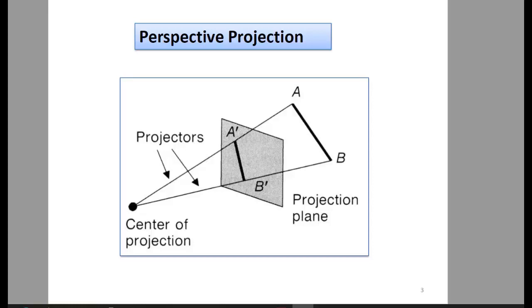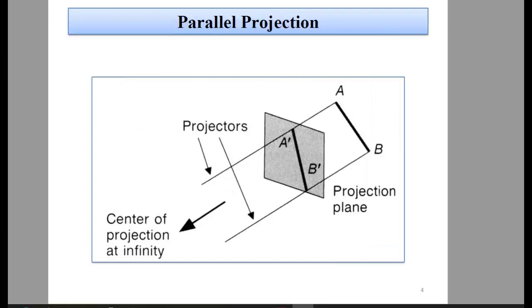From AB there are thousands of lines onto the projection plane, some of them parallel, some of them oblique. Those lines which meet behind this projection plane, at what is called the center of projection, if the projectors converge, this kind of projection is called perspective projection.